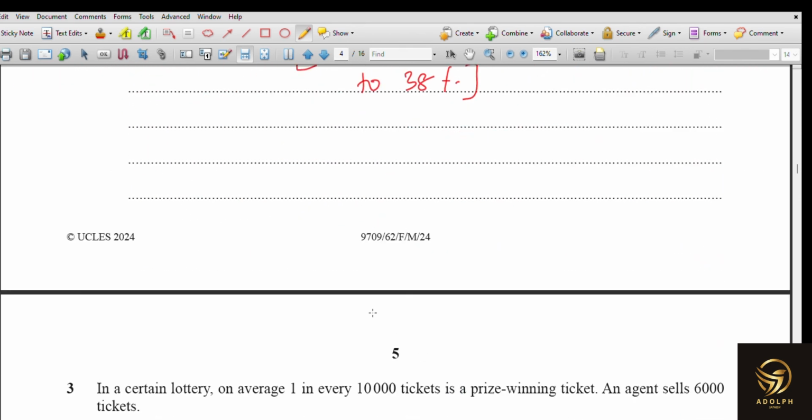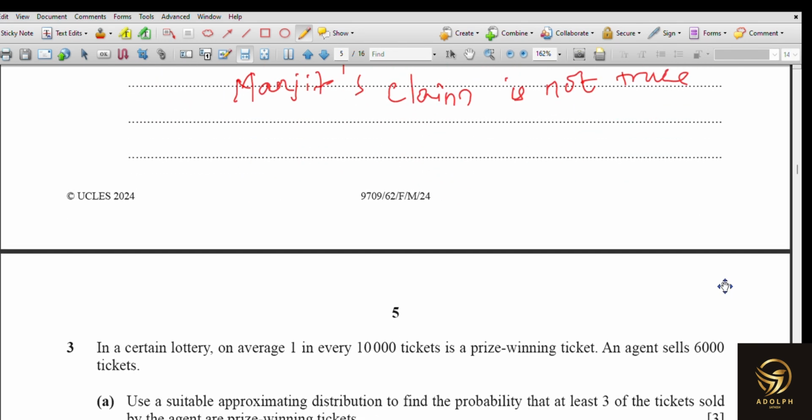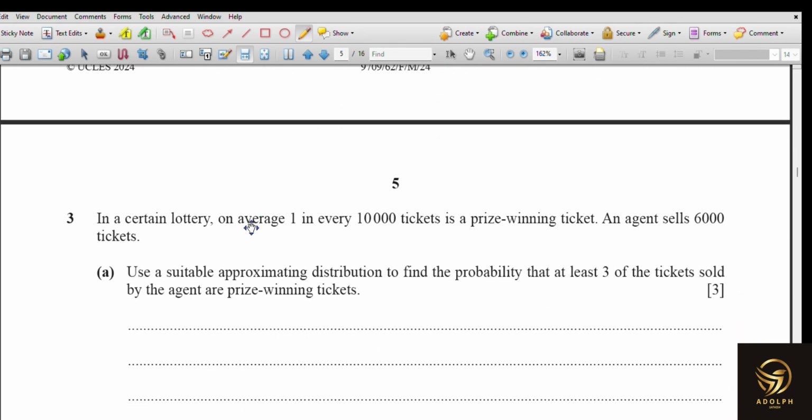So what are we going to conclude? Manjit's claim is not true. We just have to make the decision according to the calculation that we got.